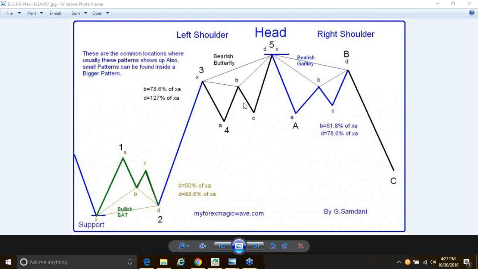They are all on one page, so you can just open it up and apply whatever pattern you need, whatever Fibonacci tool you need. So you cannot see all the other unrelated levels. If you want to measure just Gartley, you want to see where the 61% and 78% are. That's it. Not all those nonsense numbers.